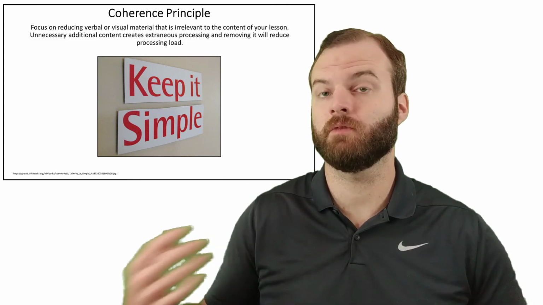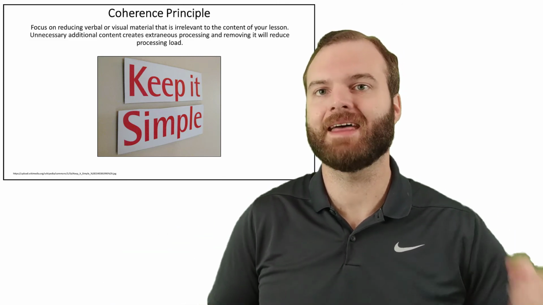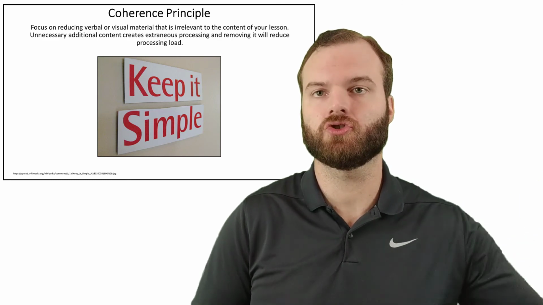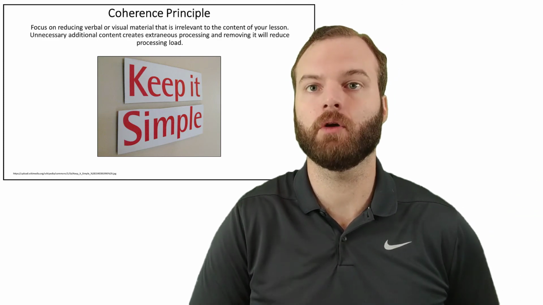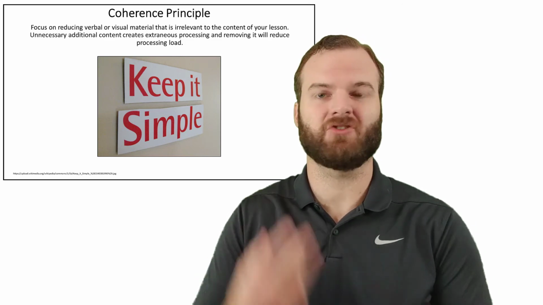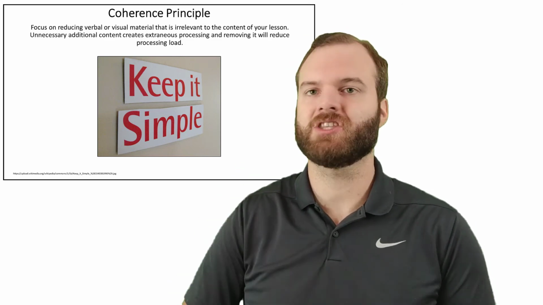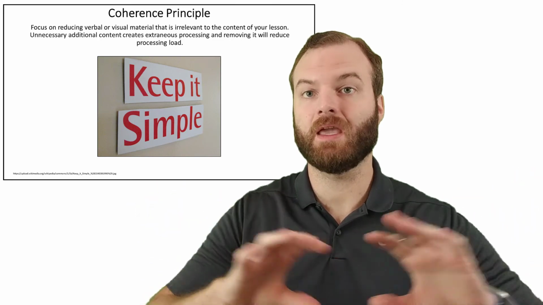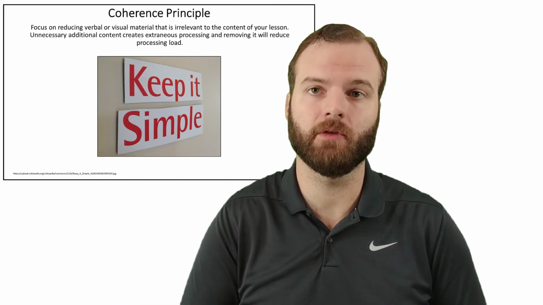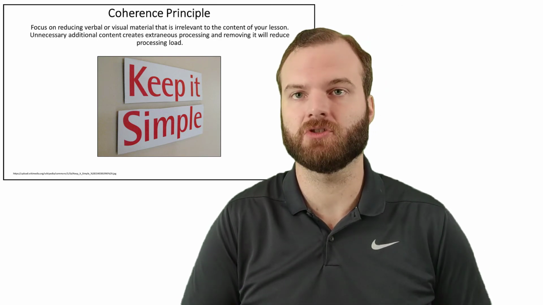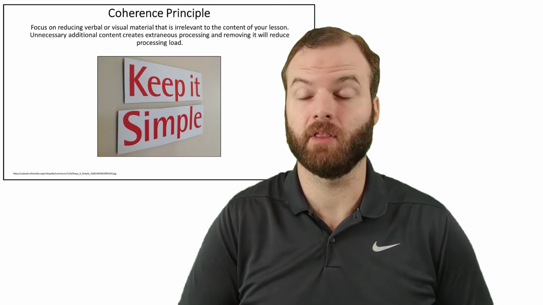It just becomes extra information that students then need to process on top of the intrinsic load processing information we want them to focus on. So it's really like extra pictures, too much text, anything like that that we can cut out of our lesson so students can laser focus on what we want them to focus on is just going to be beneficial to them over the course of whatever lessons that we're teaching.